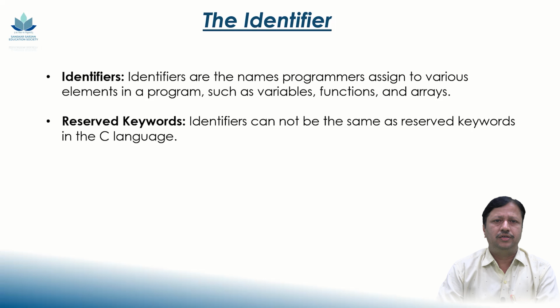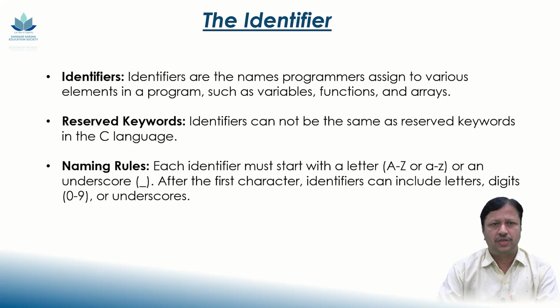Reserved keywords: identifiers cannot be the same as a reserved keyword in the C language. Keywords like int, return and if have a special meaning in C and are part of the language syntax, so using them as identifiers would cause errors.